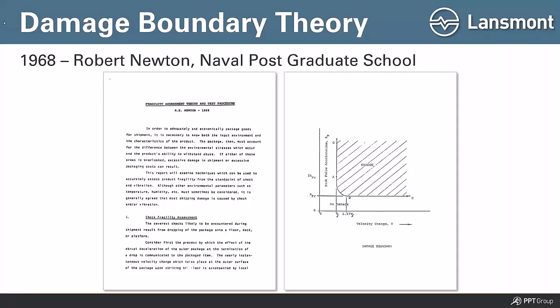It was basically how we can characterize the fragility of products, with the key metrics and methodology to say this product has a fragility of whatever the values may be. What you determine in this type of fragility assessment is its critical velocity change and its critical acceleration. Those are the two key figures there.